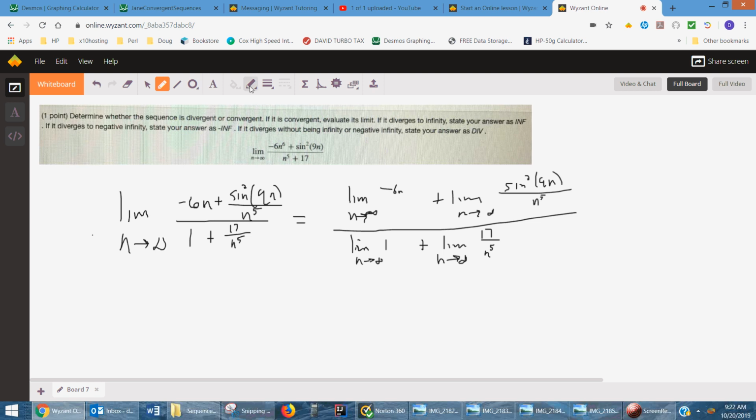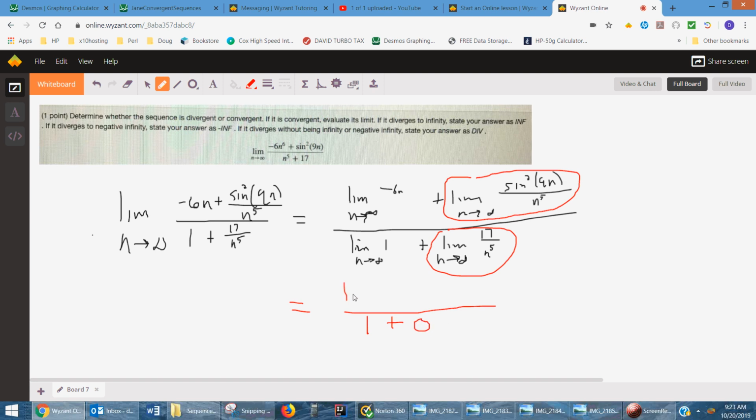And what we want to do is focus on these terms right here, this one and this one. Of course, the limit of a constant, this guy right here, is just 1 plus, and as n approaches infinity, this expression approaches 0 because I get numbers like 17 over 1,000 to the fifth power, very small, so its limit is 0, and there's a theorem that says that.